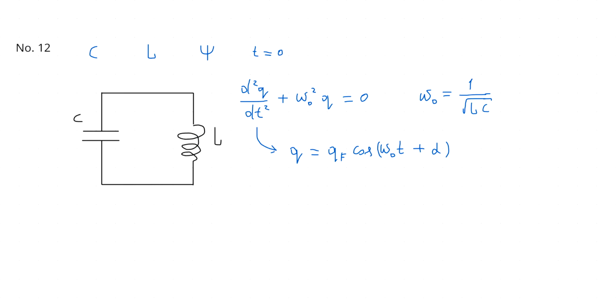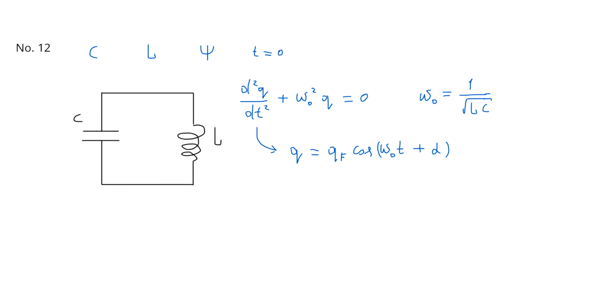The first initial condition is that the magnetic field was turned off at the moment in time t equal to 0. So we may presume that at this moment there is no charge in the capacitor. The capacitor is not charged at t equal to 0.